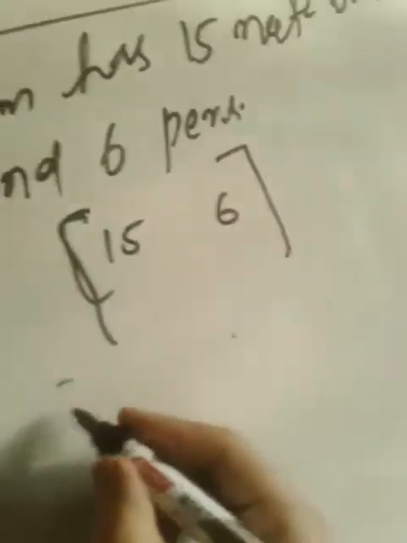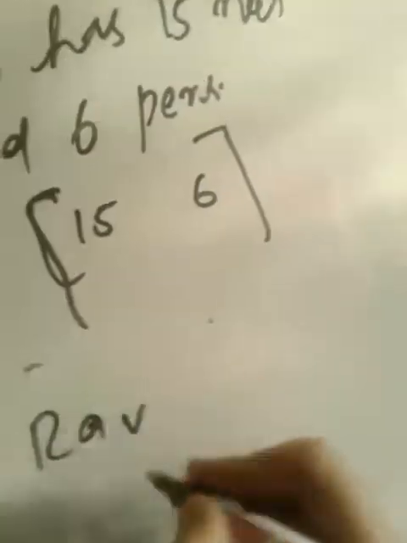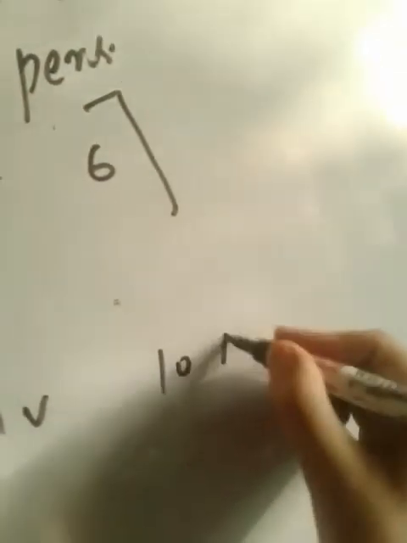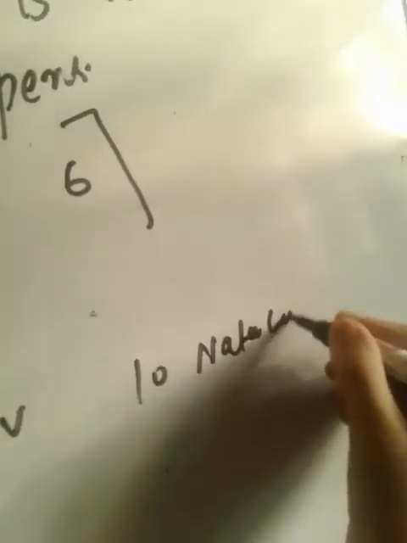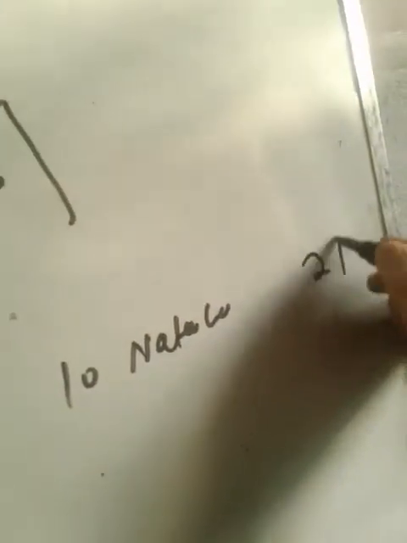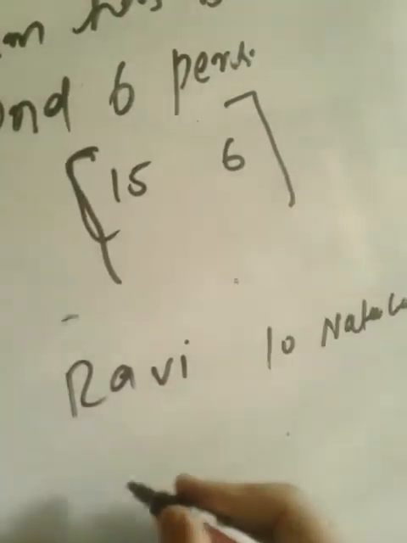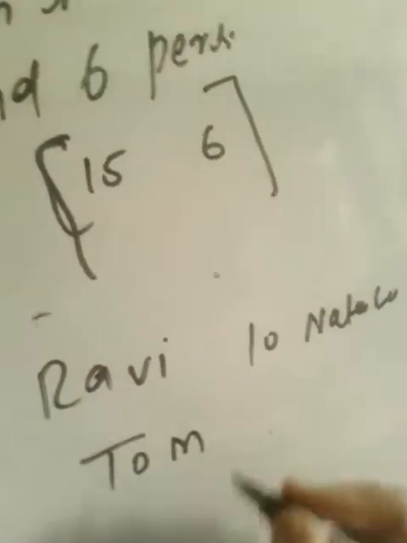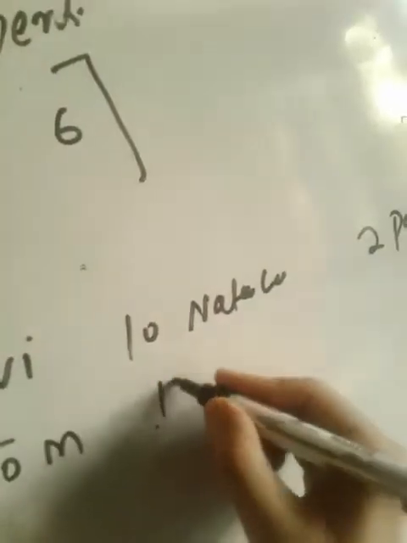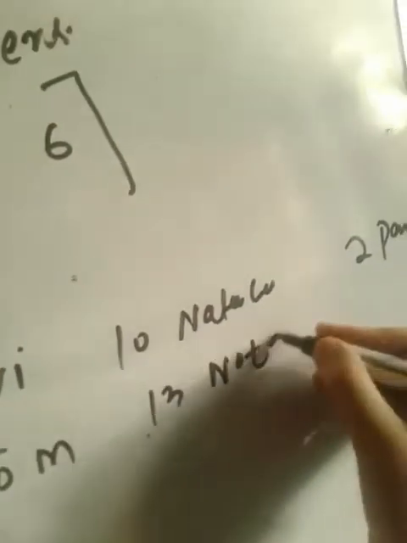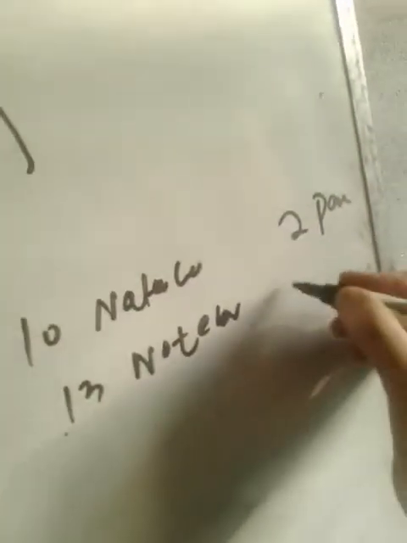We will use different figures here. Ravi has 10 notebooks and 2 pens, and another person, Tom, has 13 notebooks and 5 pens.